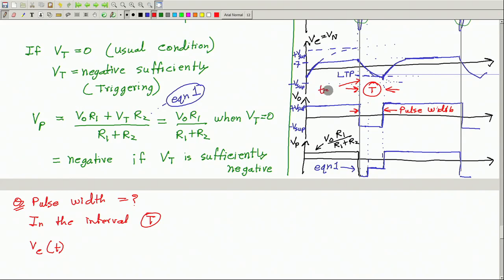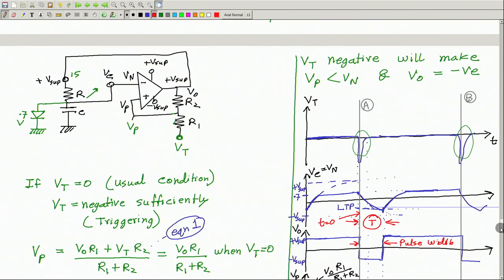If I take this as my time 0, then Vc is definitely going to be the target voltage minus (target minus initial) multiplied by e to the power minus t by tau, where tau is the time constant of the capacitor charging circuit.